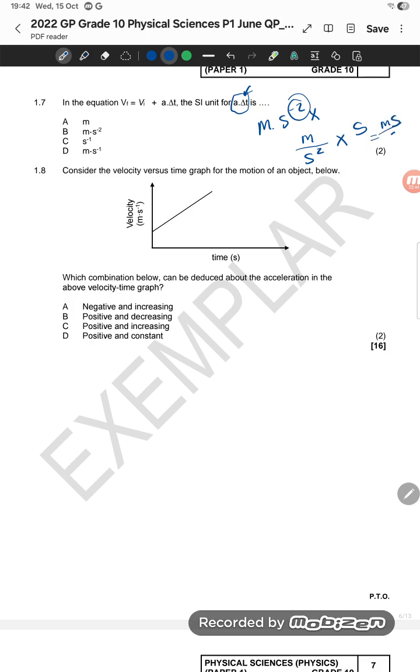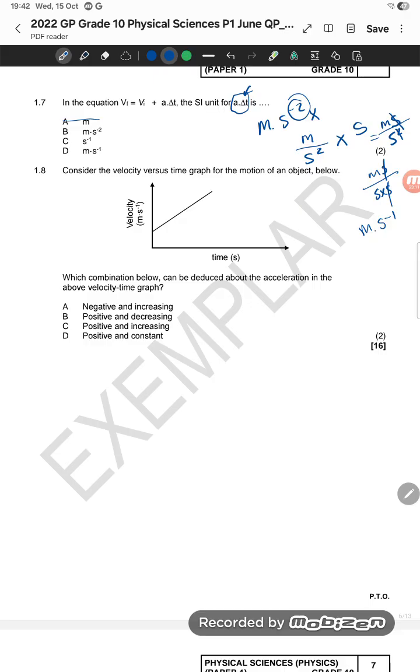I've got meters over seconds squared times seconds, because s squared is s times s. Always go back to your formulas and ask, can I reorganize this? This becomes 1. So I would get meters per second to the minus 1.